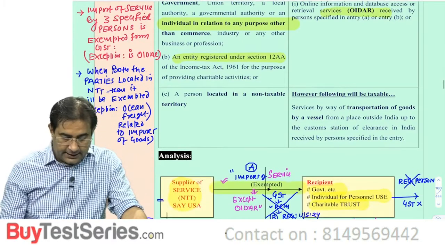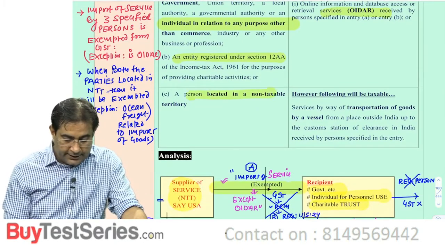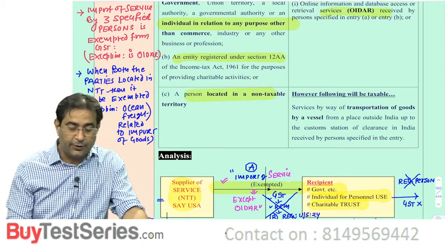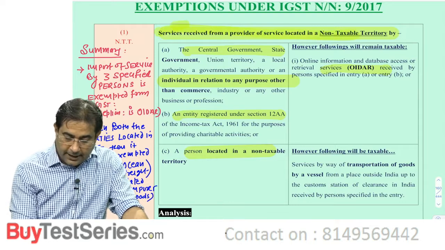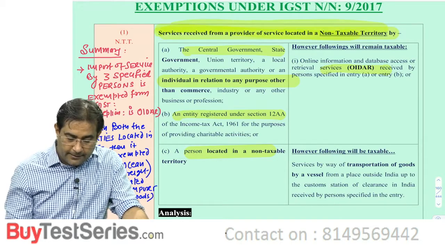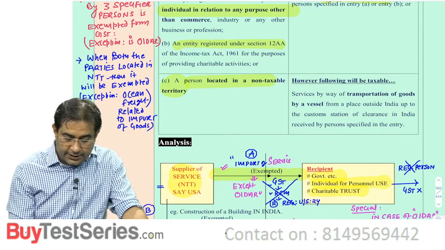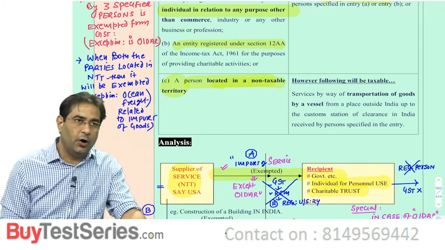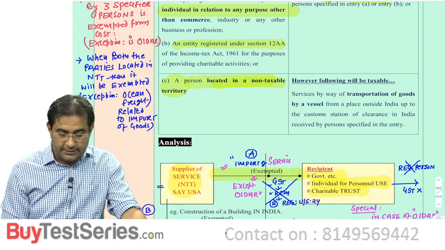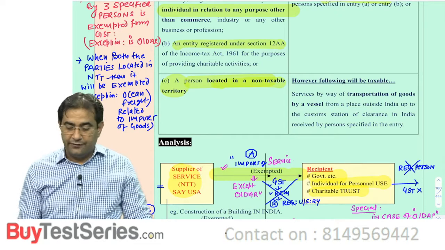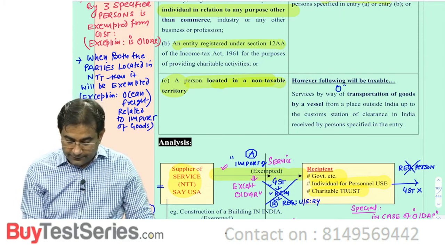Second, the supplier belongs to outside India, and the recipient person also belongs to outside India, that is, both the parties are located outside India, then it will be exempted, but the exception thereof is ocean freight.